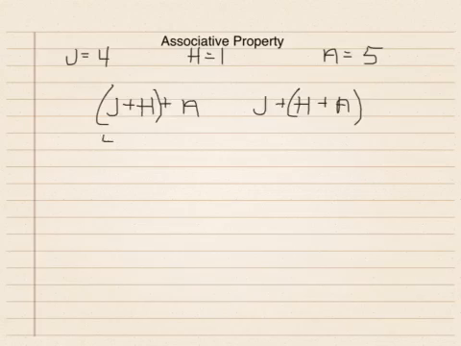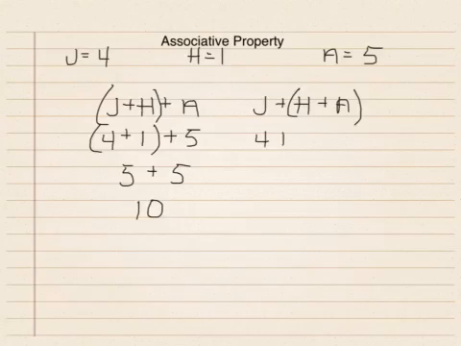So let's go ahead and represent it. There's 4 for Mr. Jolliffe and 1 for Mr. Ansley. In Mr. Jolliffe's car there were a total of 5 people. So we can add 4 plus 1, which is 5, plus 5, and we end up with 10 people that went to Disney World when Mr. Hahn rode with the Jolliffe family. Looking at the other scenario, we have 4 people from Mr. Jolliffe's family, and Mr. Hahn rides with Mr. Ansley's family.